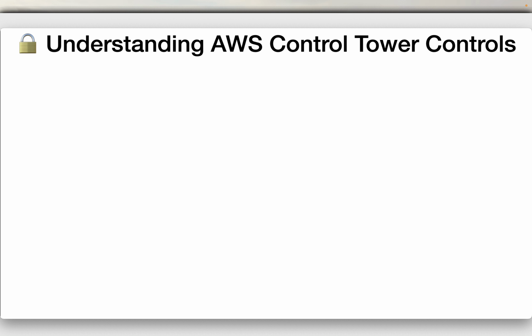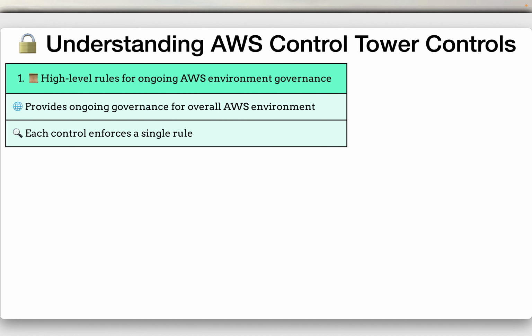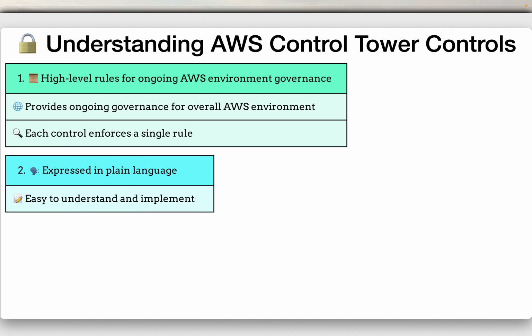Okay, now understanding AWS Control Tower controls. A control is a high level rule that provides ongoing governance for your overall AWS environment. Each control enforces a single rule. Controls are expressed in plain language, making them easy to understand and implement.